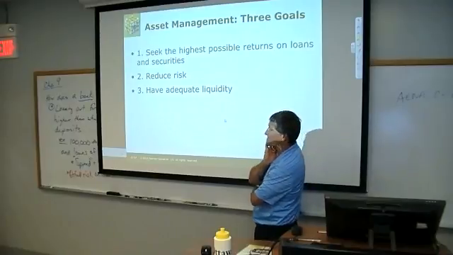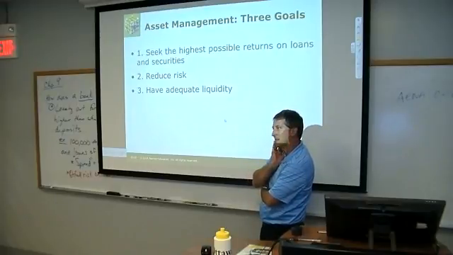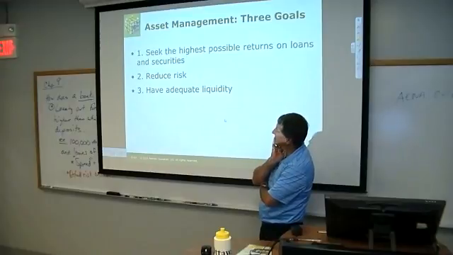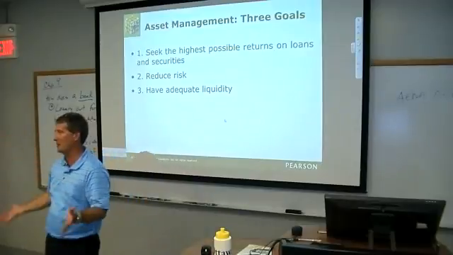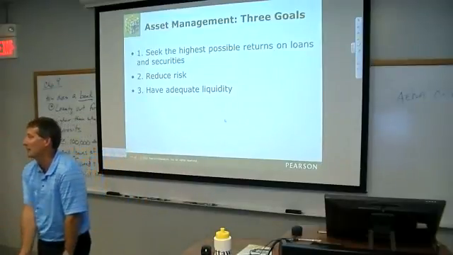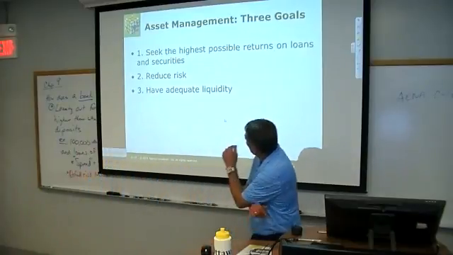Okay, longer loans, less risk. Longer loans, less risk? But it's good to think about that, but usually longer loans, longer amount of time for people to default on you. So usually we have a little more risk with that.